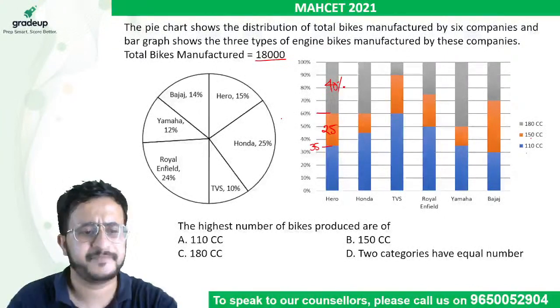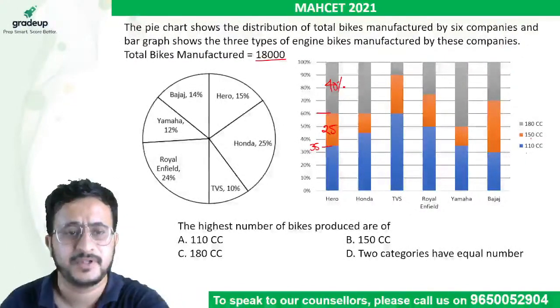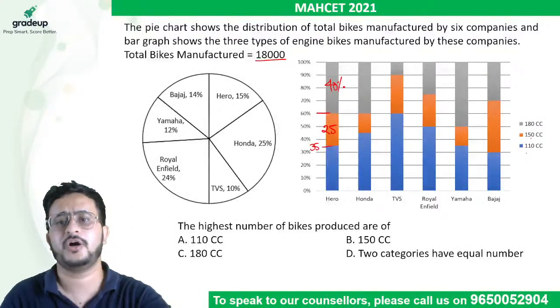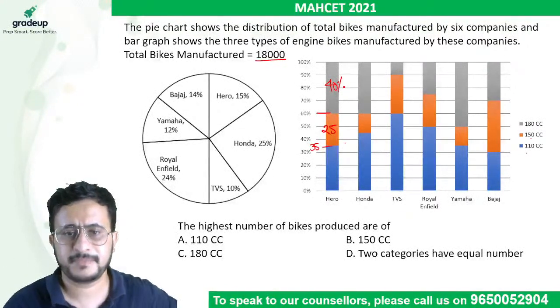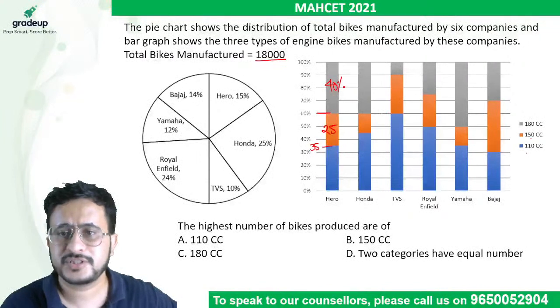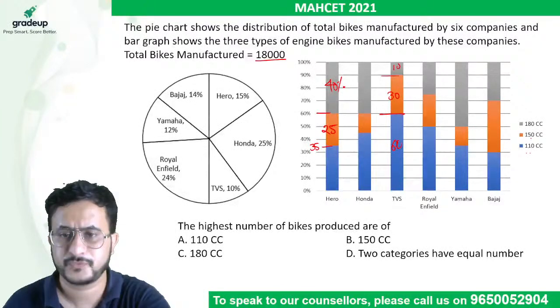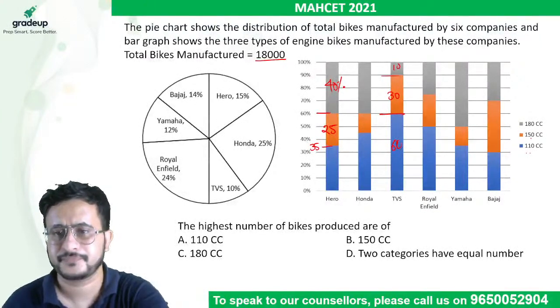So this is the bifurcation within each company. The pie chart gives you company-wise detail, and within each company how much of which category. For TVS, 60% are 110 cc, 30% are 150 cc, and just 10% are 180 cc.